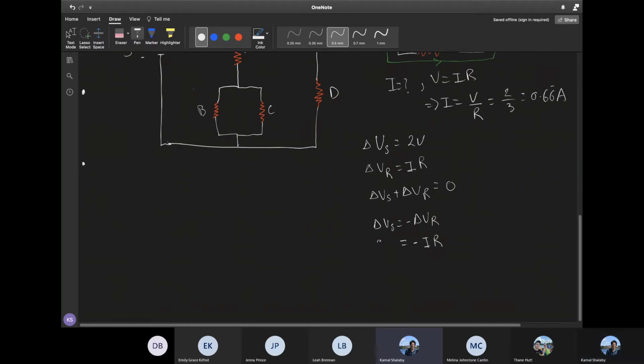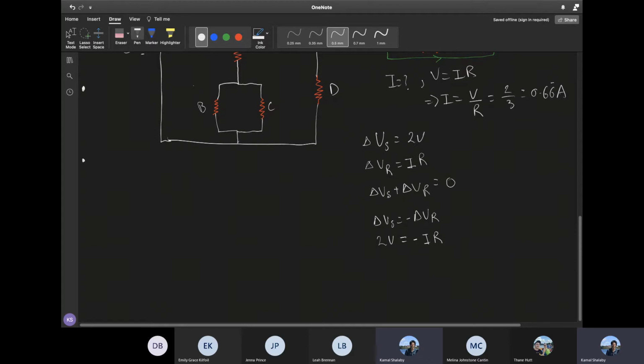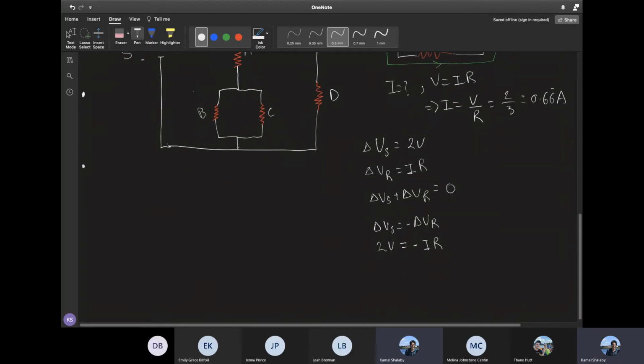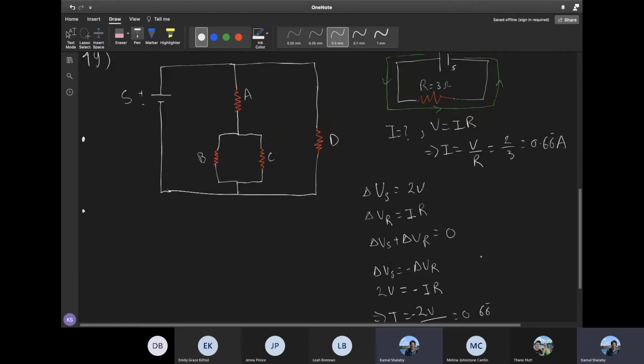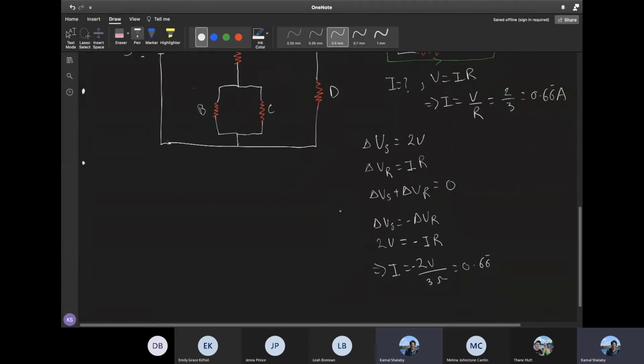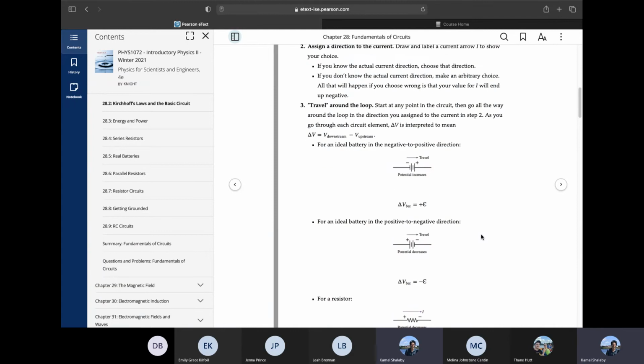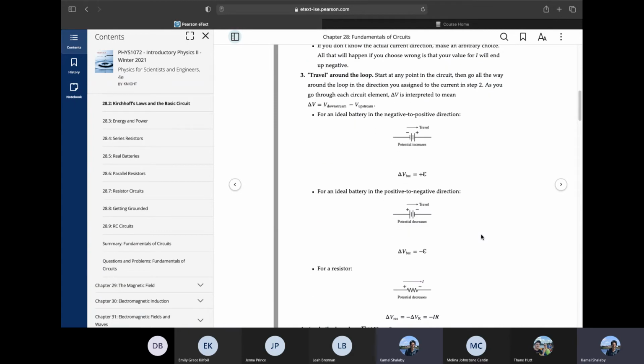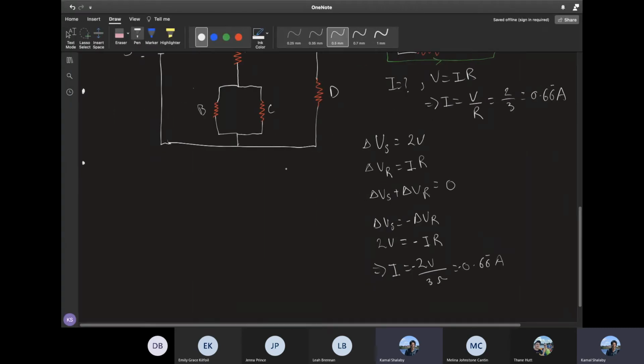So we have this as 2V. There's a minus sign I'm adding somewhere. Okay, I know.